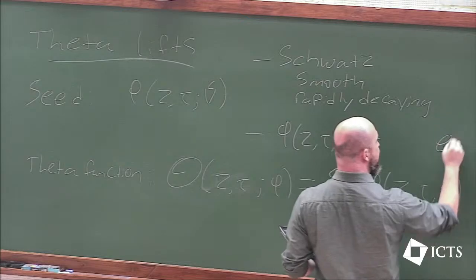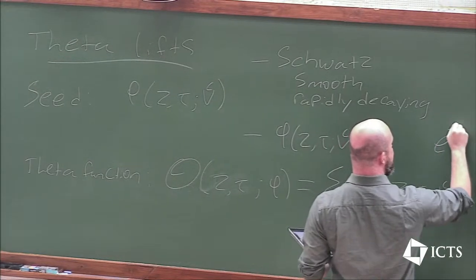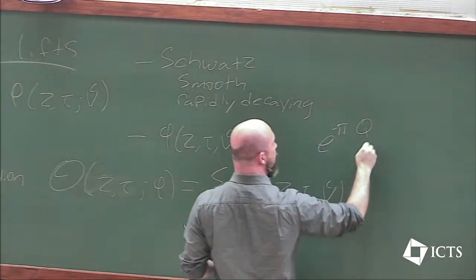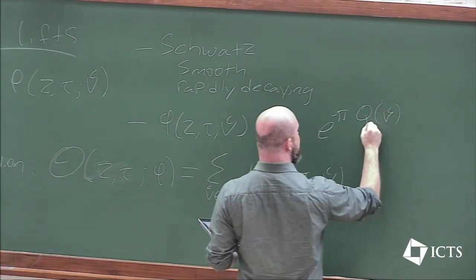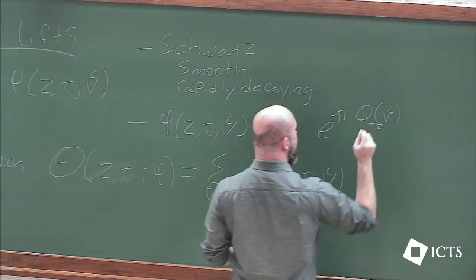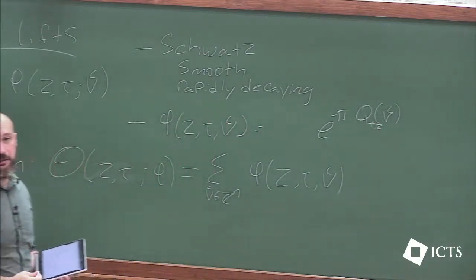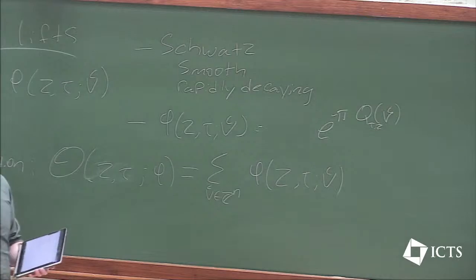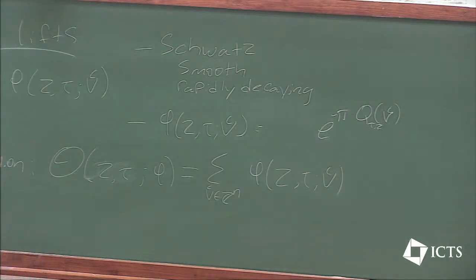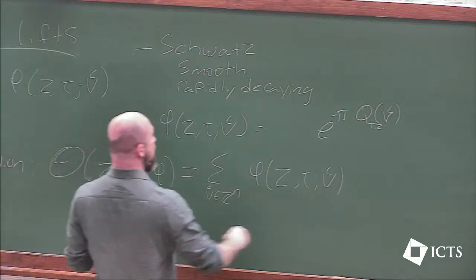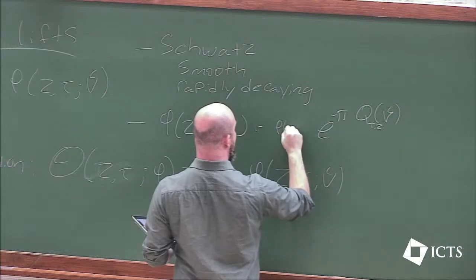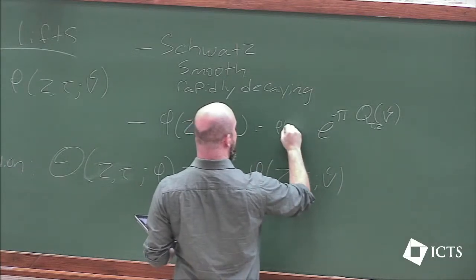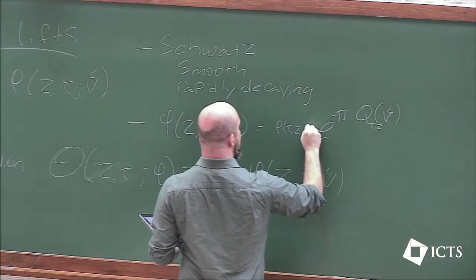There's going to be some kind of exponential, say maybe e to the minus pi, and then we'll have some kind of quadratic form for our vector. The quadratic form here is usually going to depend on tau and z in some way. Again, it should be smooth, but maybe that just means real analytic instead of holomorphic. And then maybe I've got some other function out front. We'll call this rho of tau, z, and our vector.